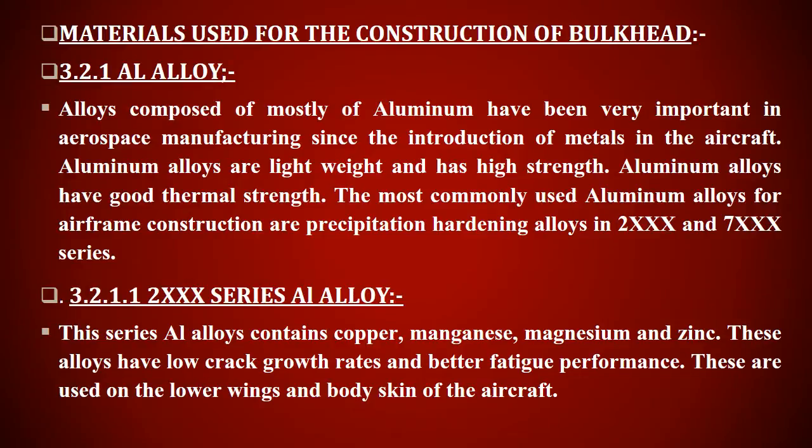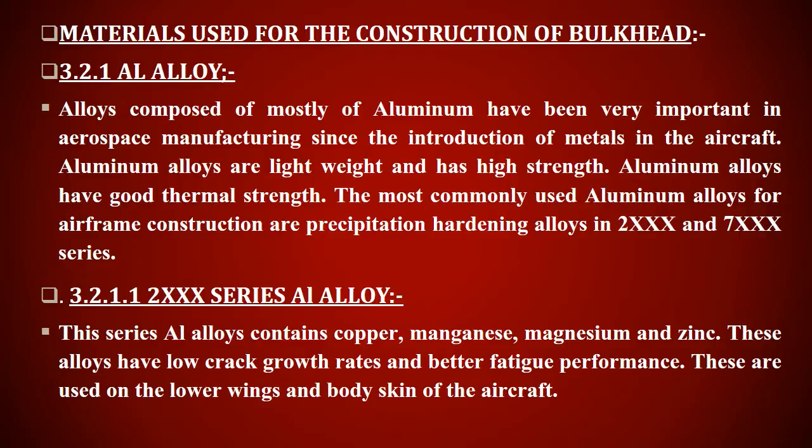Next is the material used for the construction of the bulkhead. The major point of this project is material. Before doing experiments on the project, we need to know which material we have to choose.